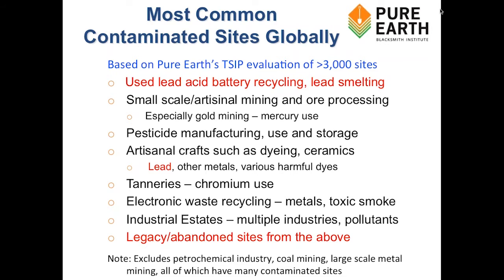Lead also shows up as a key contaminant in artisanal crafts, such as dyeing and particularly ceramics. And then there's the abandoned sites from mining, used lead-acid battery, and other sources that are also important in lead contamination. So this is a major issue globally. We're going to have to figure out how to move these things forward.